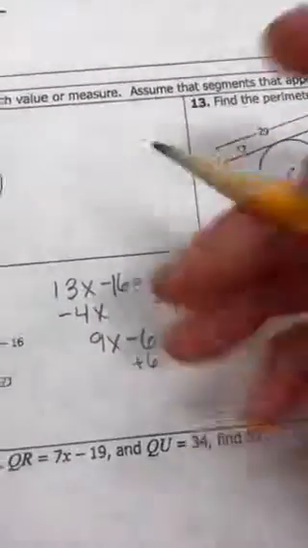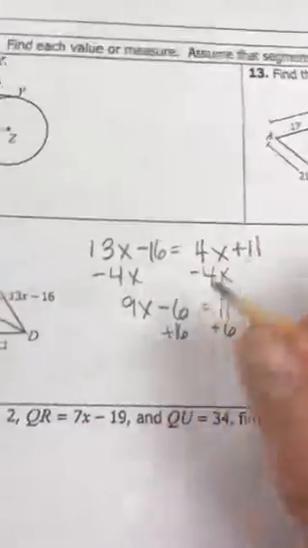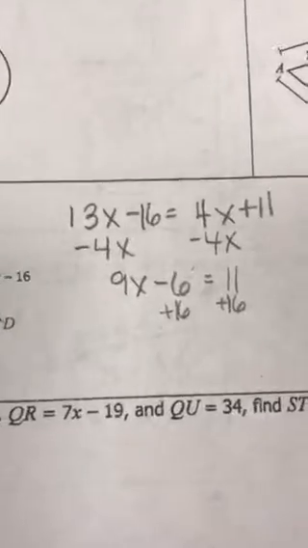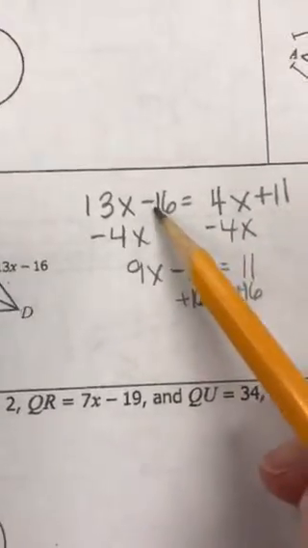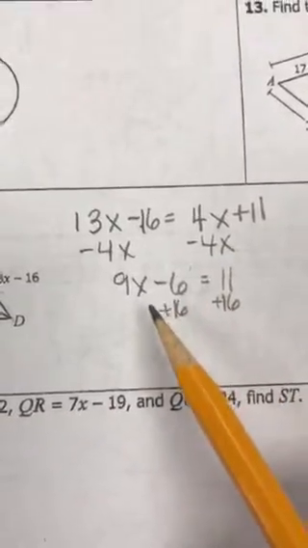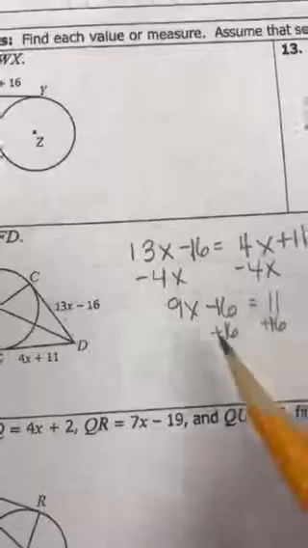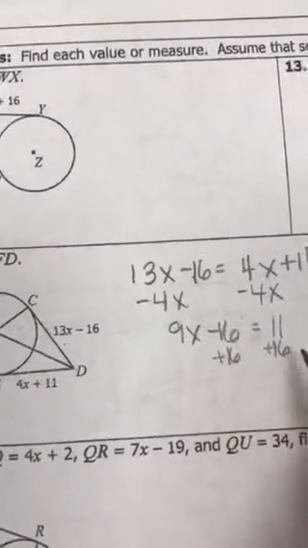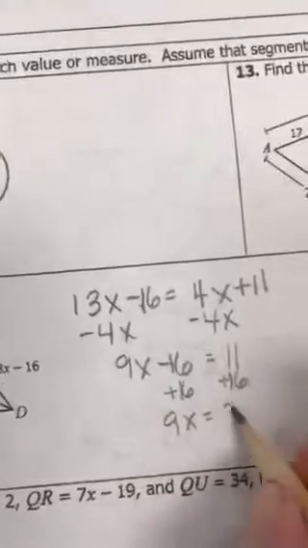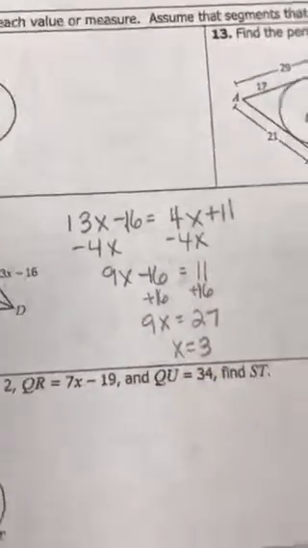But if I add 16, let's see, I'm going to add 16 right here. That's going to give me 27. All right, so I just fixed this right here. This was supposed to be negative 16. So right here, this is minus 16. All right, so now that'll cancel out. And here we get 27. So 9x equals 27. x equals 3.